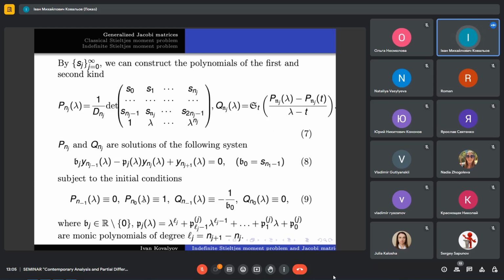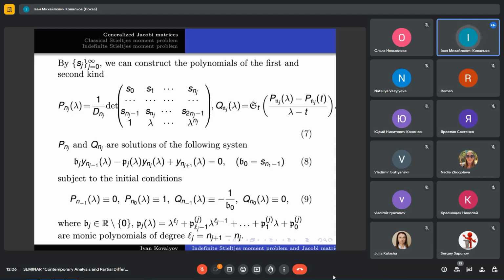Next, the sequence s is associated with the polynomials of the first and second kind, which can be defined by formula 7. The polynomials P are called the polynomials of the first kind, and the polynomials Q are called the polynomials of the second kind.